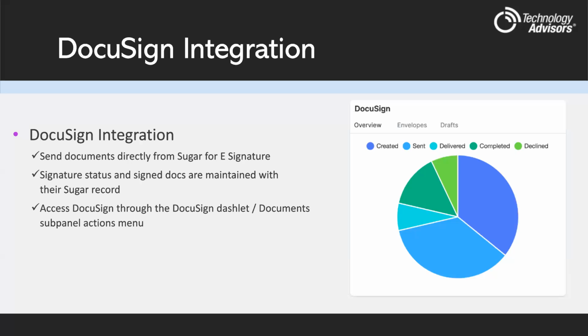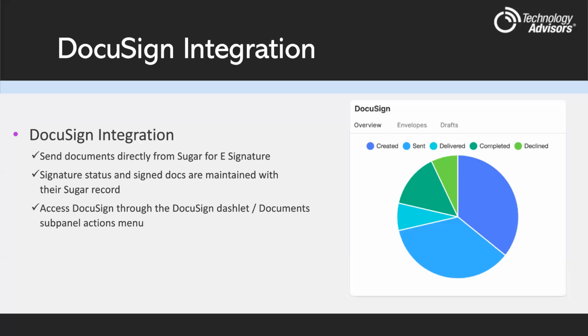And then Sugar also lets you create a Docusign envelope module out of the box. This module was added to Sugar to support the Docusign integration. There are specific out-of-box fields that have been added to this module, and that can help you maintain your envelopes as well. And within this module, users can also upload the Docusign envelopes in bulk, so you can mass upload.